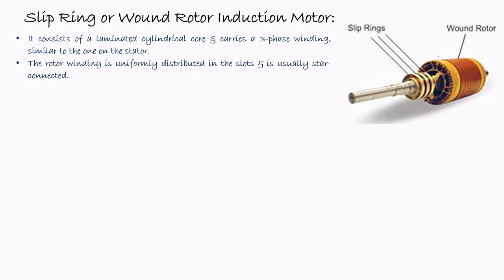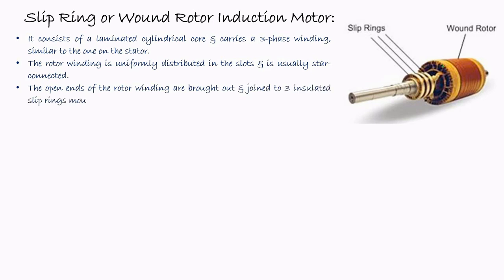So here in this figure we can see the structure of the slip ring induction motor rotor. There are a number of slots, and in these slots the three-phase star connected rotor windings are placed, and these windings are connected to the slip rings, which are mounted on the shaft.